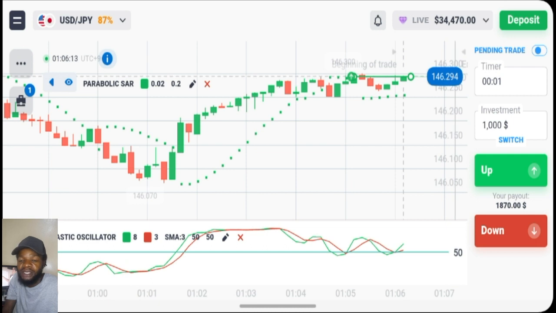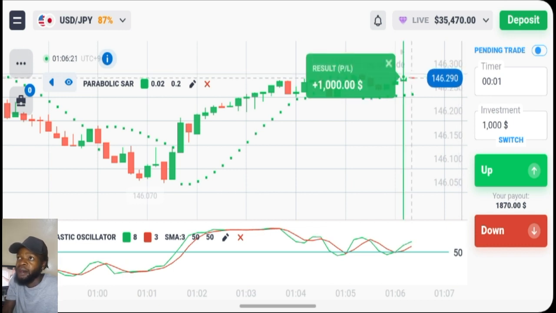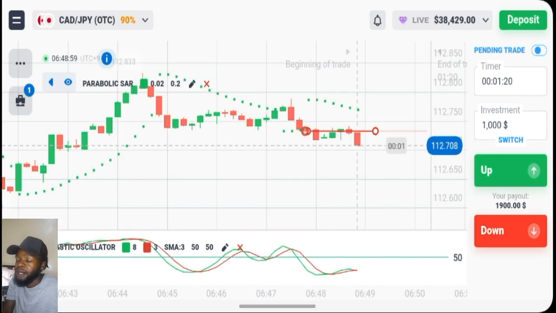The stochastic oscillator, the overbought and the oversold levels, we put them all at 50. And then the parabolic SAR was just default settings. And then we were just continuing with the trend.